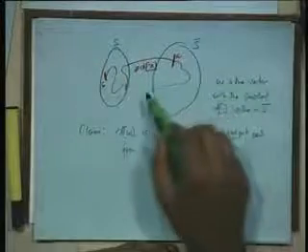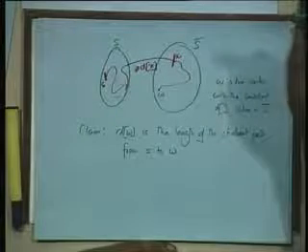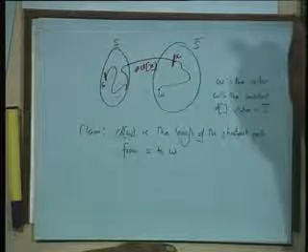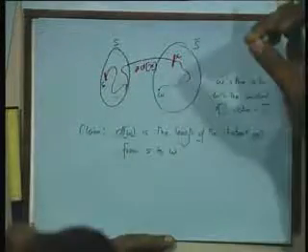Which means the entire path has length at least d of x. Here I am using the fact that edge lengths are non-negative. So, this entire path that we have drawn has length at least d of x.